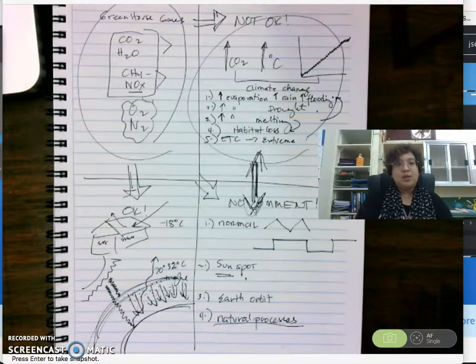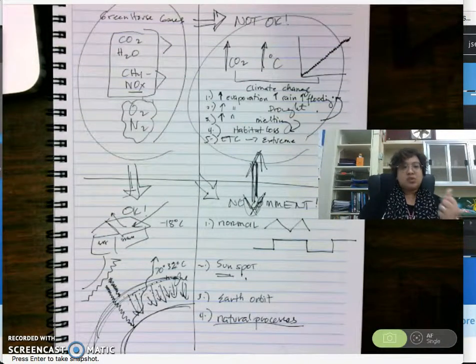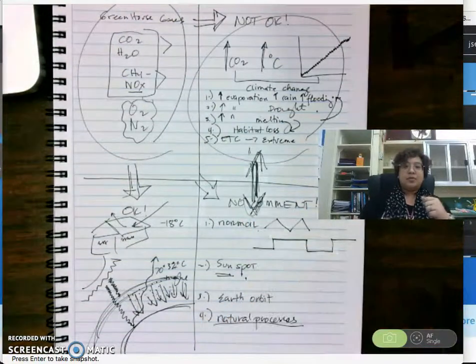So I believe topic 4.4 is an open-ended topic. It's for you to research, read about it, and take a position. Thank you.